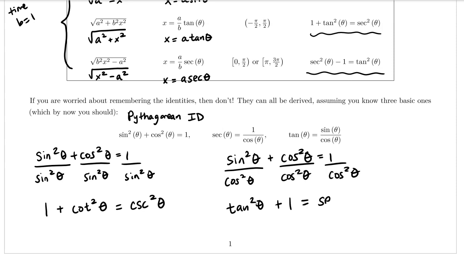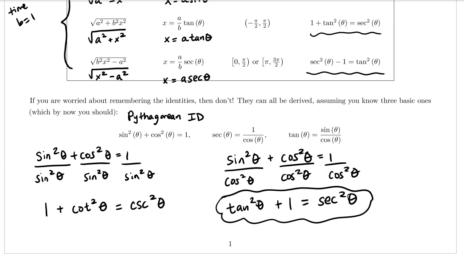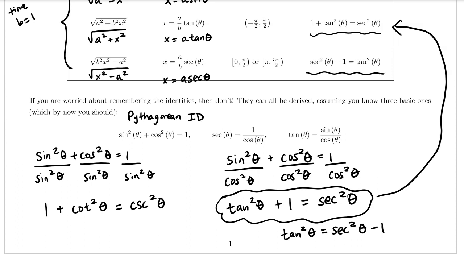And then the last thing is secant squared theta. And notice that this corresponds to this identity here. And to get the third one, I can also get that just by subtracting 1 on both sides of this identity. So that corresponds to that one here.